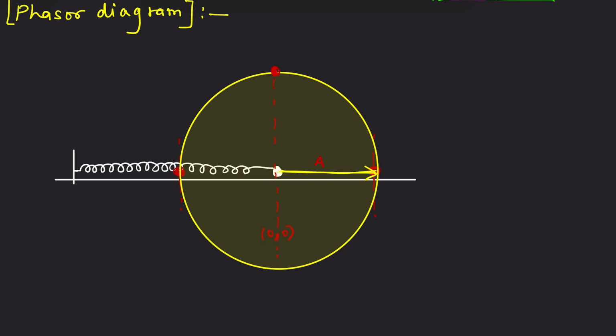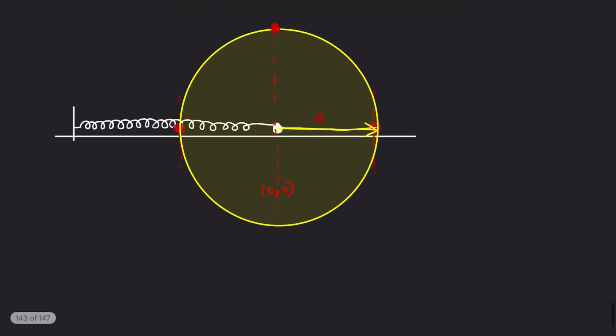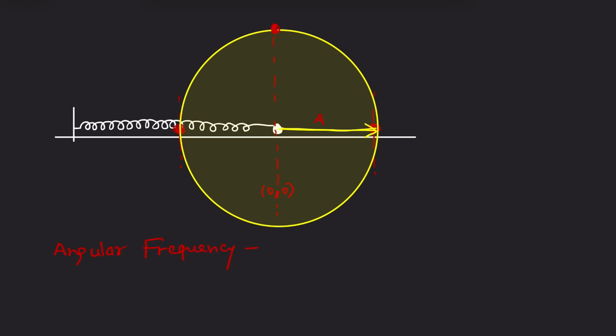Now suppose your actual particle, the spring block system, is going to move on this horizontal table with the amplitude A and the angular frequency omega. Let's say the angular frequency with which it is going to do the SHM is omega.